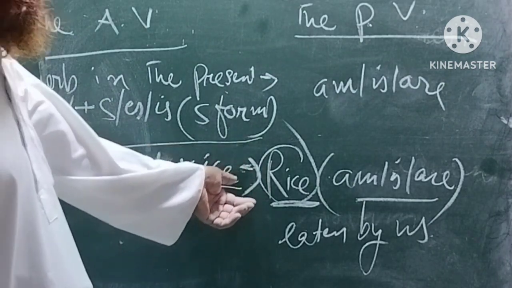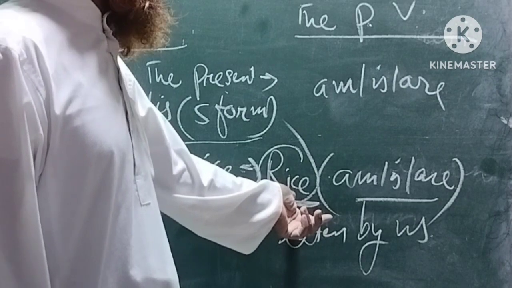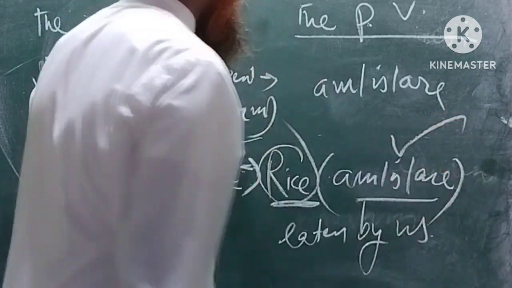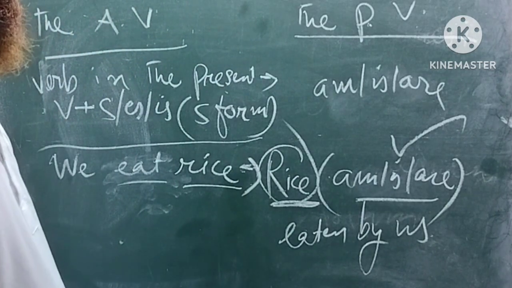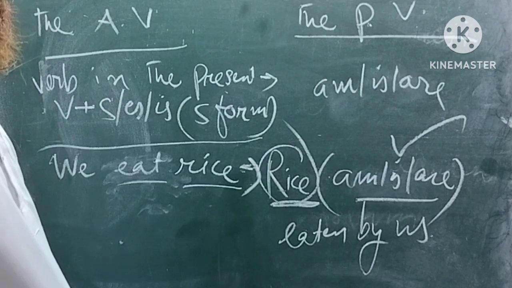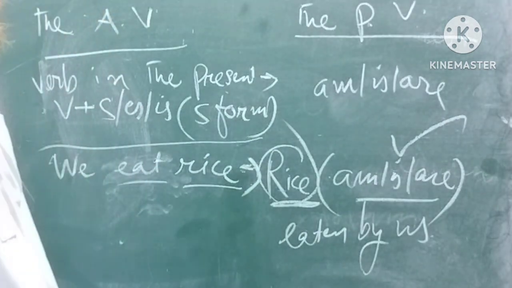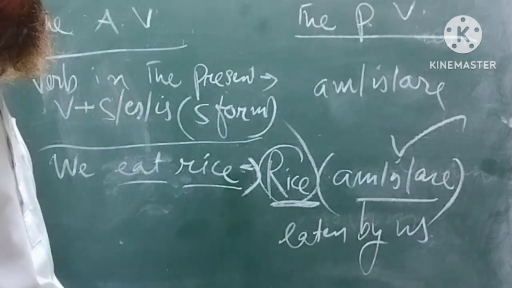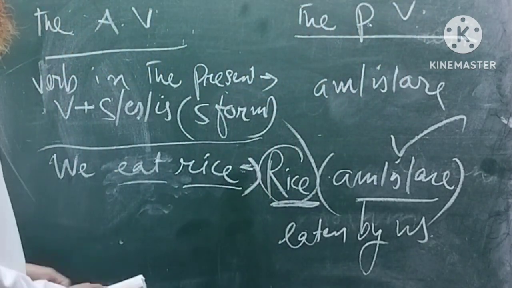The subject rice is third person singular number. That is why is: rice is eaten by us. Am and are should be left, only we should take is. Rice is eaten by us. This is the passive form of the sentence.